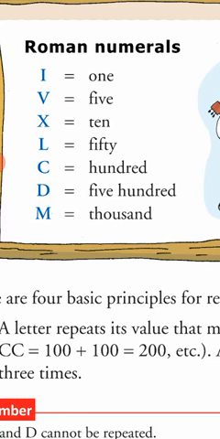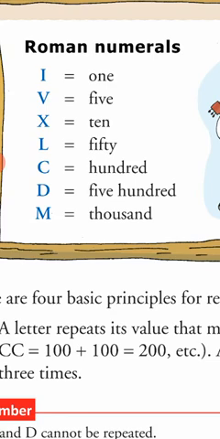Then, 5 is represented by the English alphabet V. Then we have 10, represented by the letter X. Then we have 50, represented by the alphabet L. Then we have 100, represented by the letter C. Then we have 500, represented by the letter D, and at last we have 1000, and for this the English alphabet is M.